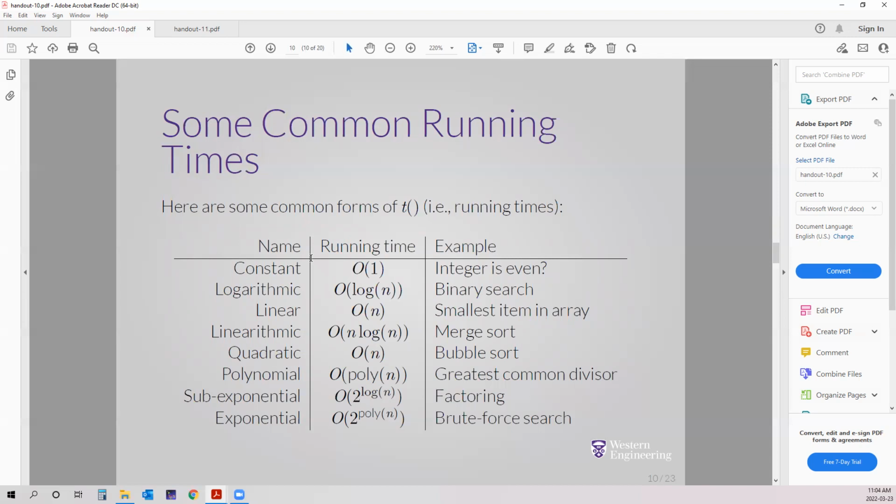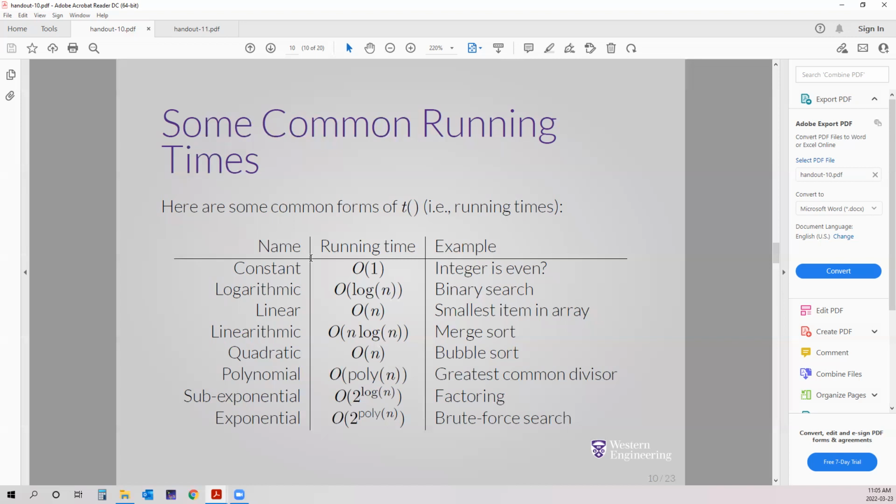The complexity of the general binary search algorithm, the known one, is big O of log N. Linear: for example, finding the minimum or maximum item in an array. It would be big O of N, which is the worst case scenario, where the smallest item is the last item in the array. And we said that we are always considering the worst case scenario.